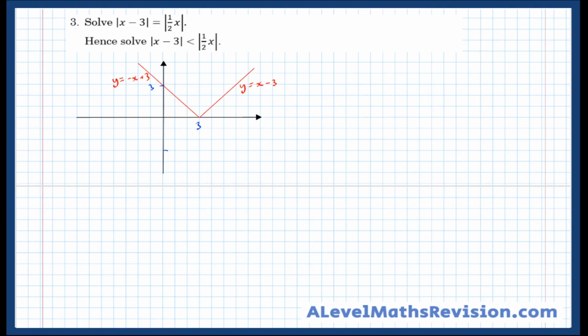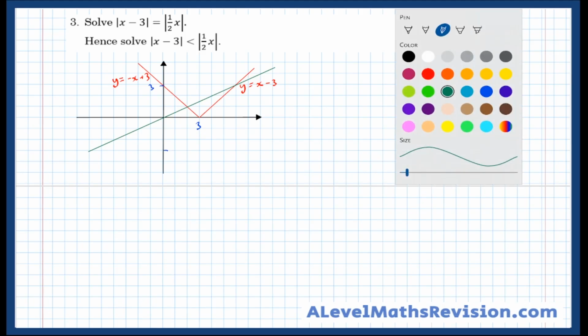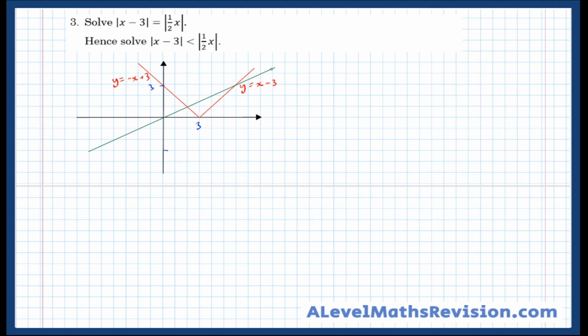Right, y equals half x. So what we're going to do now is draw that one. So y equals half x goes through the origin, looks something like this. Quite a shallow graph. So when reflected, it's going to look something like this.